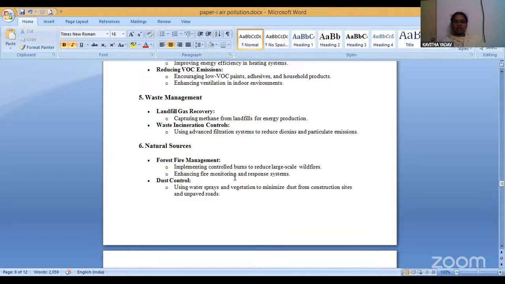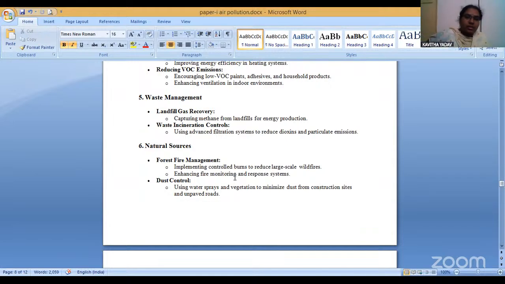Methane is easily and cheaply available because of our agricultural practices as well as livestock rearing. Waste incineration controls using advanced filtration systems to reduce the dioxins as well as the particulate emissions.